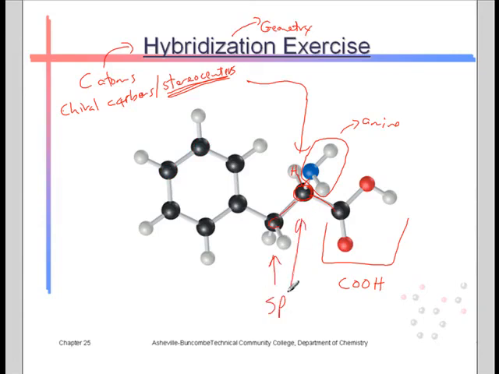Remember, sp3 hybridized carbons can be recognized if you have a tetrahedral geometry, and you do have it in both of these examples. So the stereocenter, I've already pointed out the 4 bonds around it. This carbon, there's 2, 3, 4 bonds with that carbon, so it's an sp3 hybridization on each one of those.